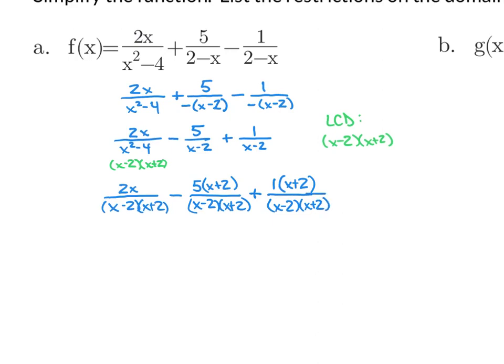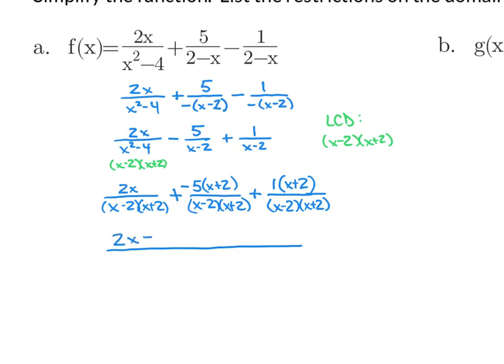I'm going to go ahead and distribute. Now I'm going to do something kind of different here. This minus sign, I'm going to change it to a plus and put my negative up with the 5, so that we remember to distribute the negative. So what do we get? I'm also going to combine in the same step. First one stays the same.